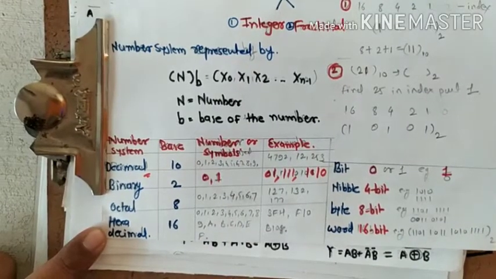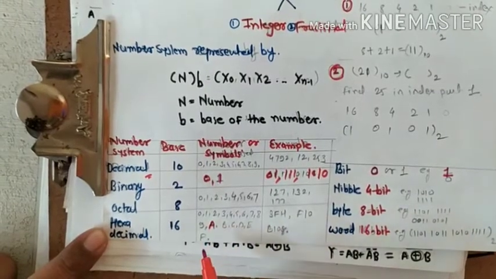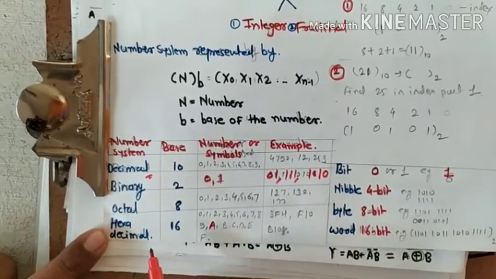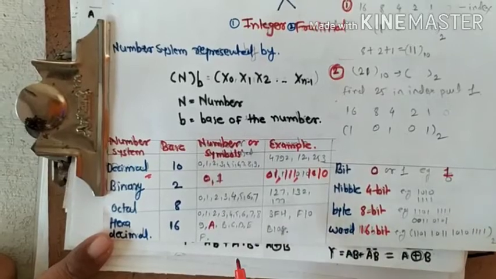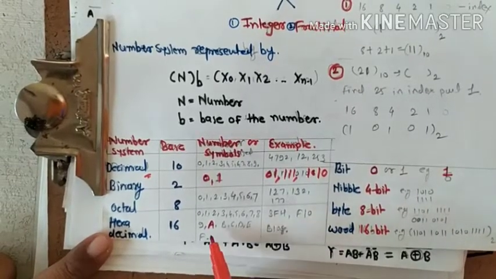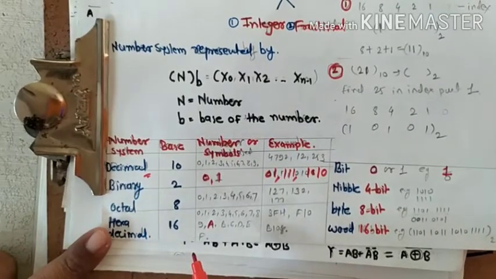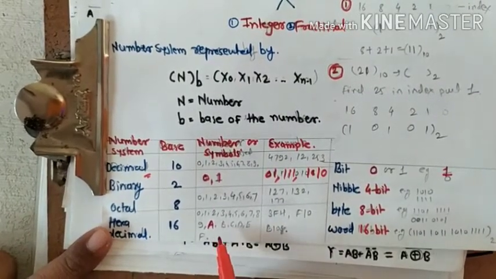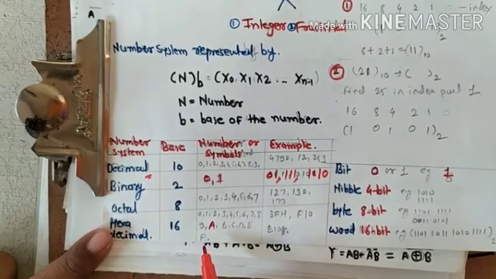When this system wants to show the number 10, it does not write 10. In place of 10 it uses A. I repeat, when the hexadecimal number system wants to represent number 10, it does not write 10, it writes A. So if we want to write 11, we do not write 11, we write B. So up to A, B, C, D and E, and the last one is F. F is nothing but 15.